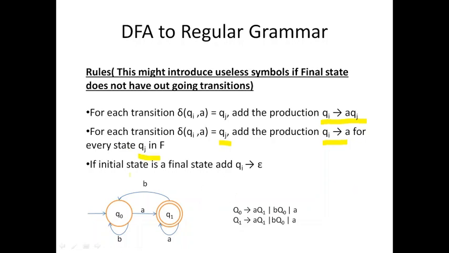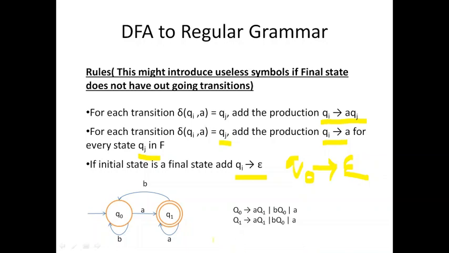And also, if your initial state is a final state, you will add a production of the form Q0 giving epsilon. So that is what you do in order to convert a DFA to regular grammar.